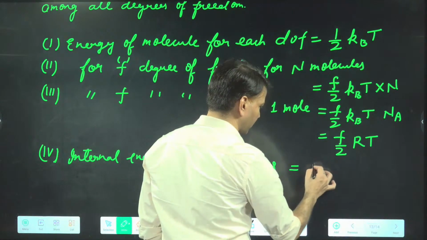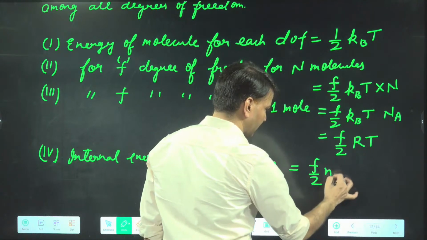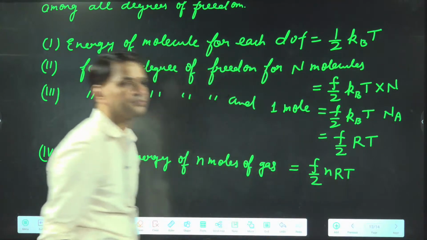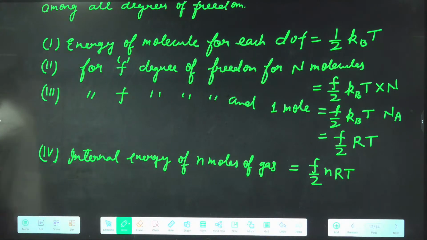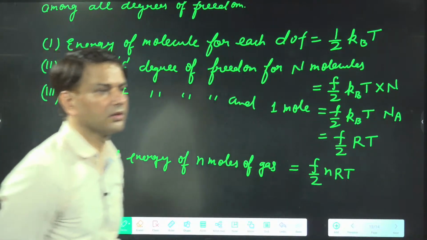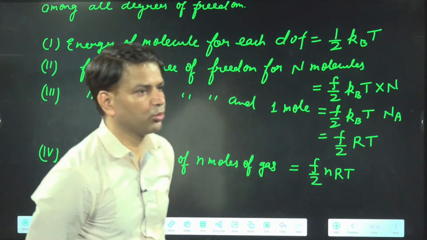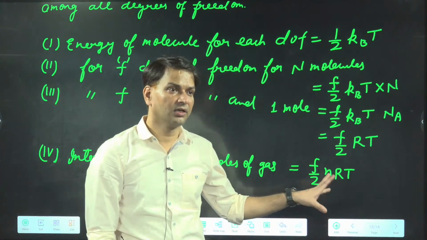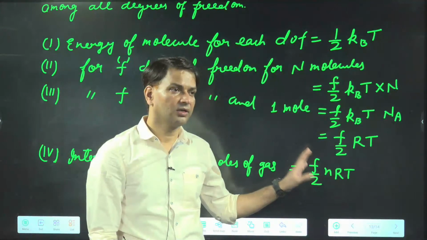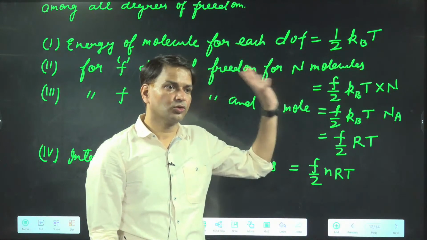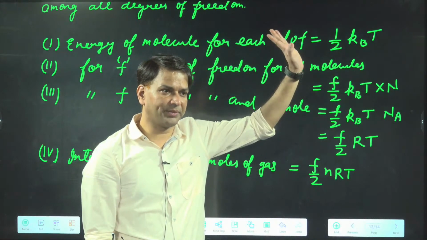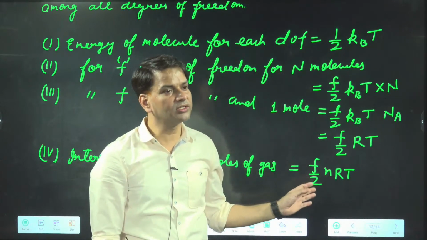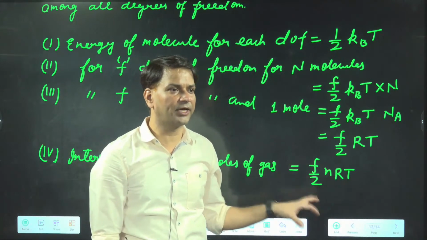If f is the degree of freedom, I can say f by 2 nRT. So for 1 mole, f by 2 RT, or for n moles directly we can say f by 2 nRT. Understood? So each degree of freedom has 1 by 2 kBT. From that we got, for n moles and f degrees of freedom, f by 2 nRT.